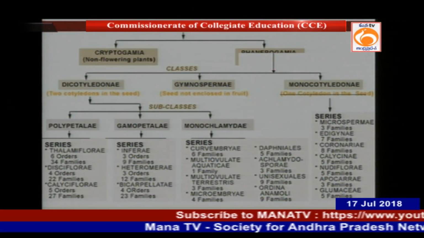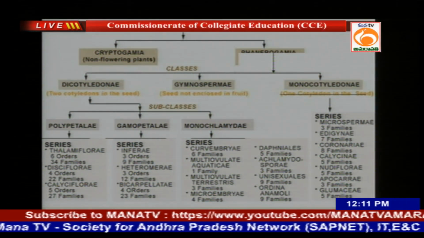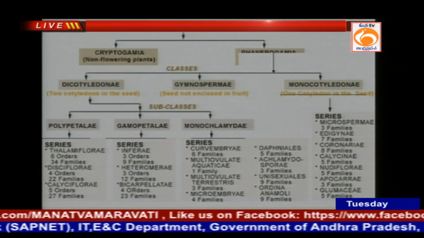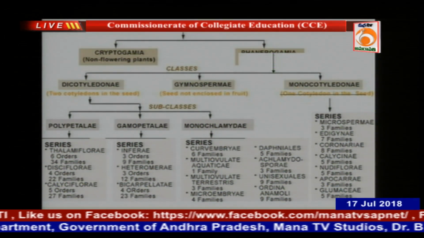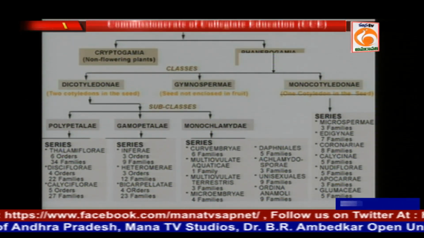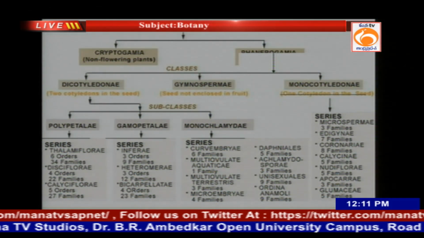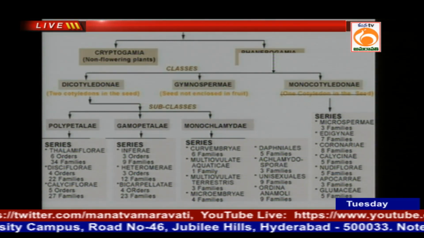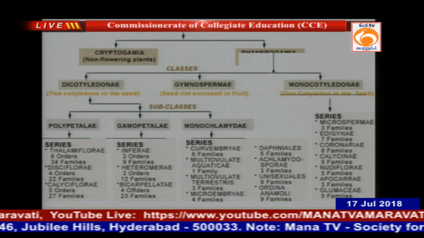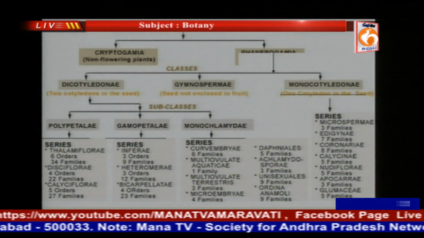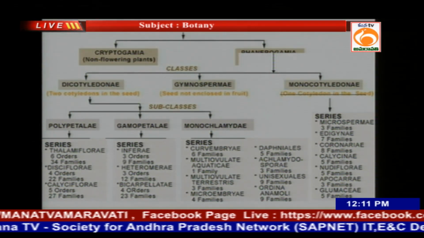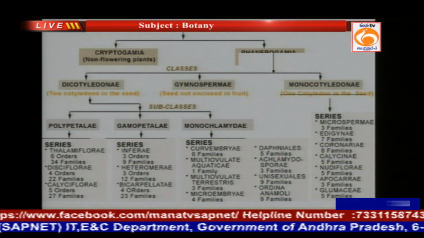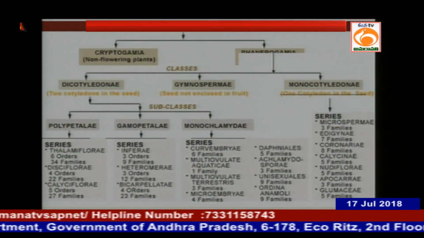Polypetalae is divided into 3 series: Thalamiflorae, Disciflorae and Calyciflorae. Gamopetalae is divided into 3 series: Inferae, Heteromerae and Bicarpellatae. The Monochlamydeae is divided into 7 series: Curvembryeae, Multiovulatae aquaticae, Multiovulatae terrestres, Daphnales, Ecchlamydosporae, Unisexuales and Ordines Anomali. In Monocotyledons there are 6 series: Microspermae, Epigynae, Coronariae, Calycinae, Nudiflorae, Apocarpae and Glumaceae.